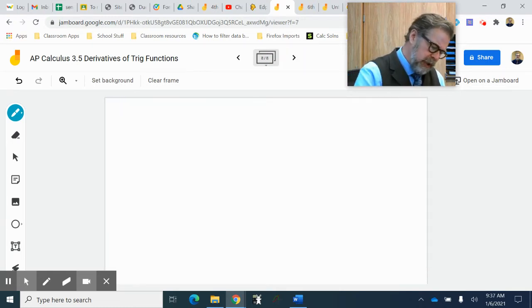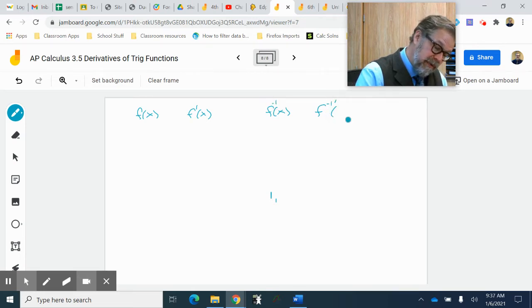So let's make a little chart. Function, derivative, inverse function, derivative of inverse function. Oh, this is getting awkward. So what do we got?